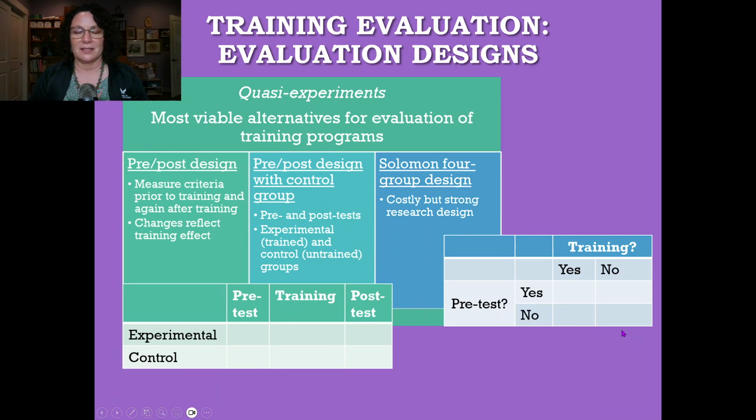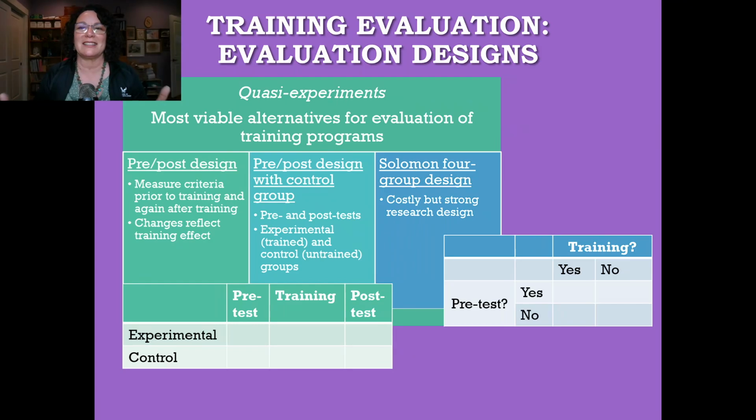4 different groups. And what the Solomon 4 group design will hopefully reveal is that those who took the training have different scores from those who didn't, and that people who took the pre-test don't score differently from the people who didn't take the pre-test. What we want to make sure is that the pre-test isn't actually causing your knowledge, right?